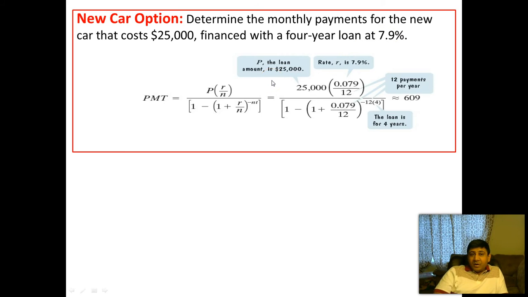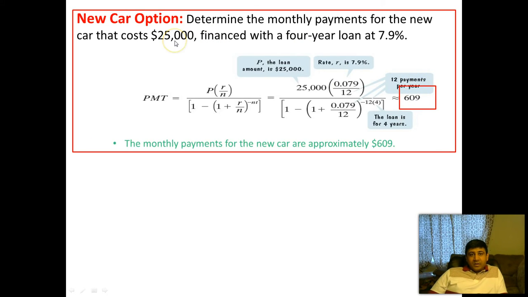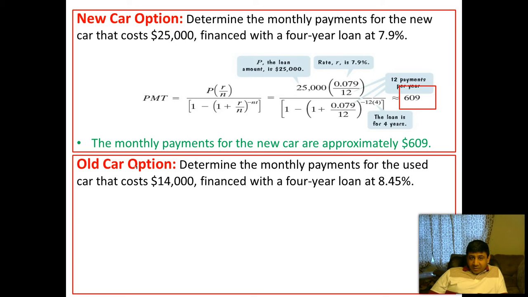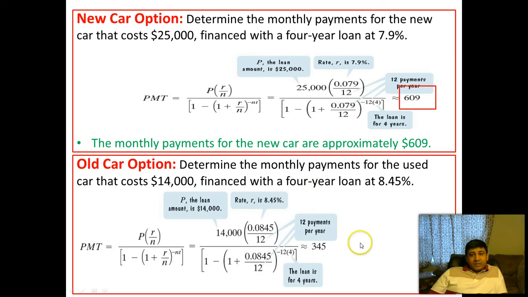Using the same payment formula, the monthly payment comes out to be $609 if we go with the new car. If we go with the old car option, it's $14,000 with a 4-year loan, and its payment comes out to be $345, almost half the difference.